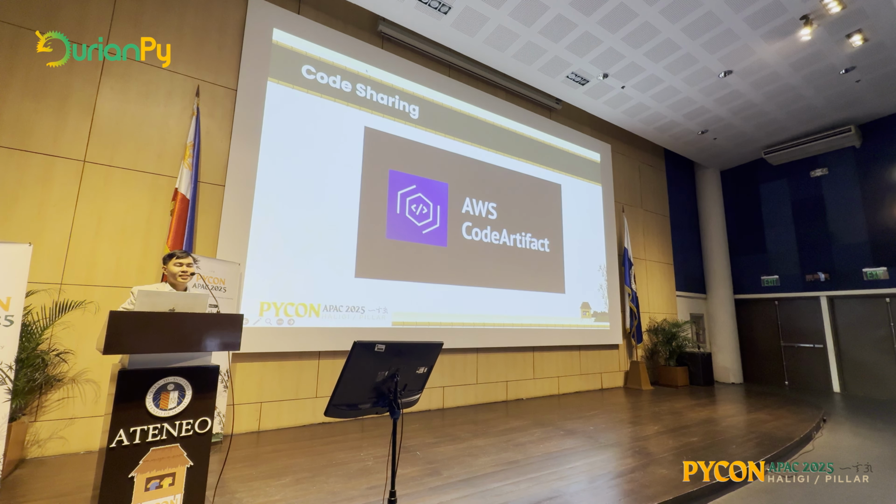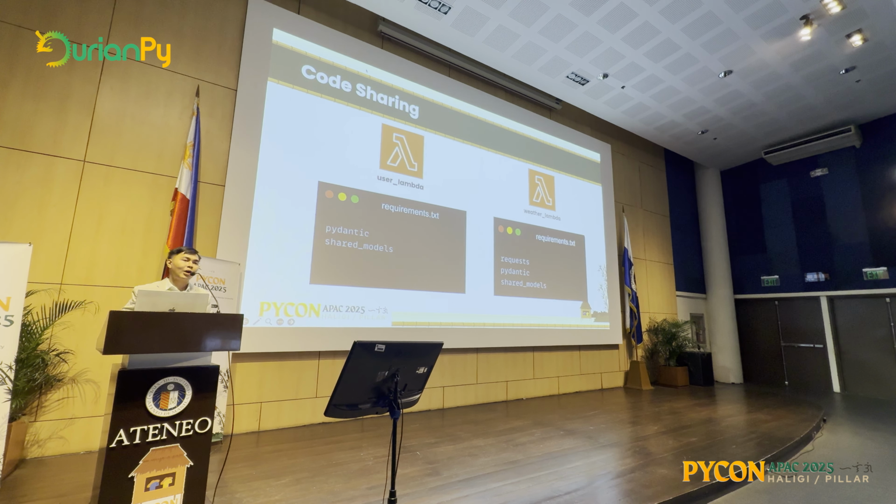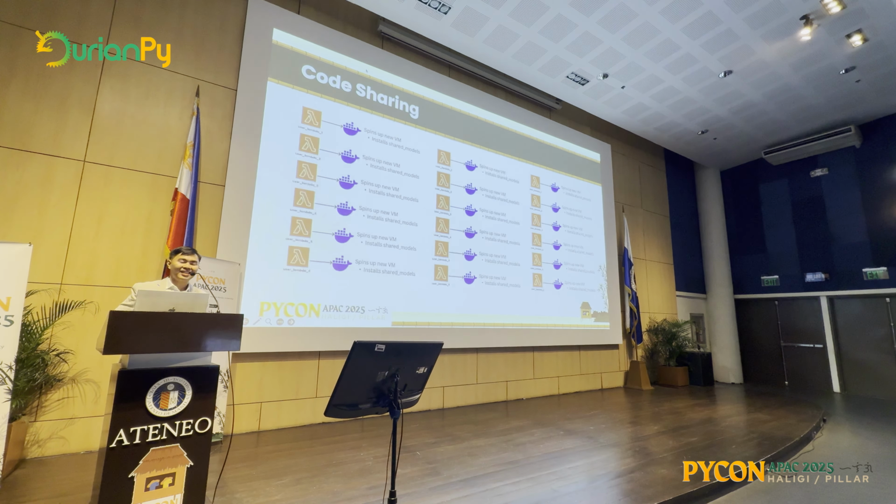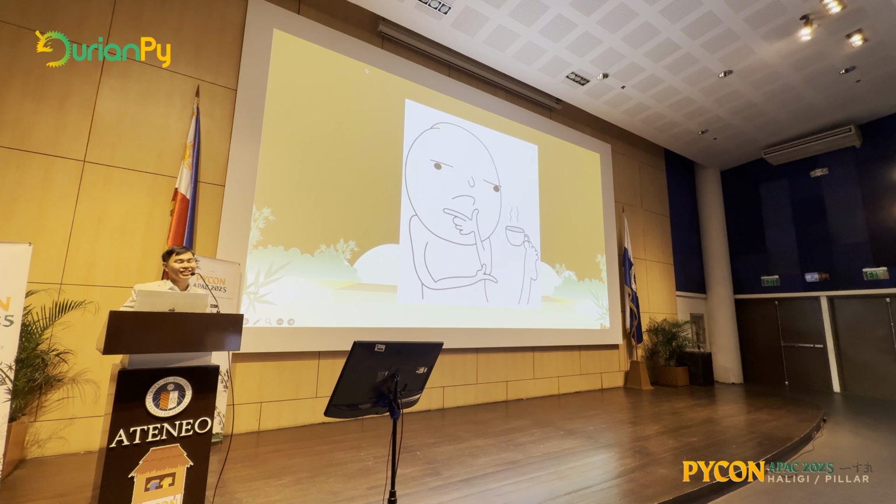And then, since it's now in our private pip repository, we can just add it in the requirements file with pip install. But the same issue occurs: dozens of Lambda functions, dozens of requirements files, and step-by-step building. So that's the issue.